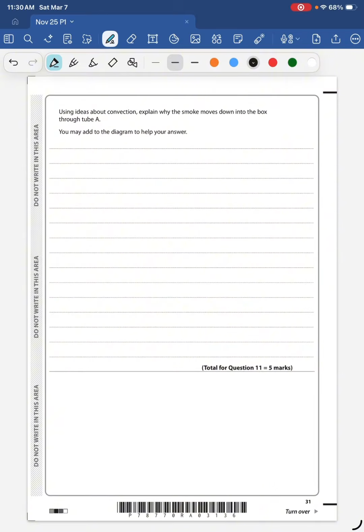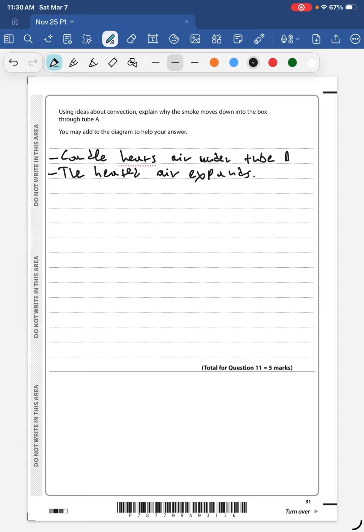So, okay, the candle heats air under tube B. The heated air expands. Its density decreases.